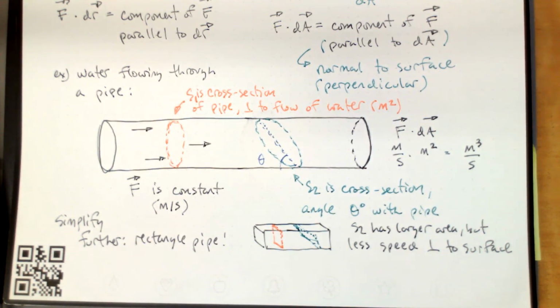Questions? So what we'll conclude is that the flux integrals should give us the same value because our vector field is constant. And even though our cross section has changed in area, the water flowing through normal to the surface is less because it's flowing at an angle. Questions? How's everybody? Okay?